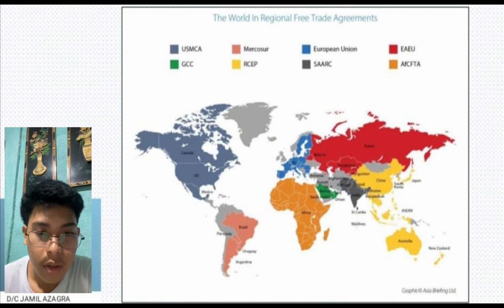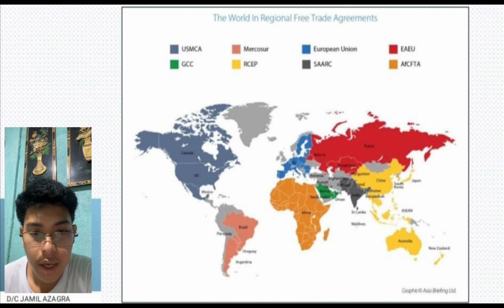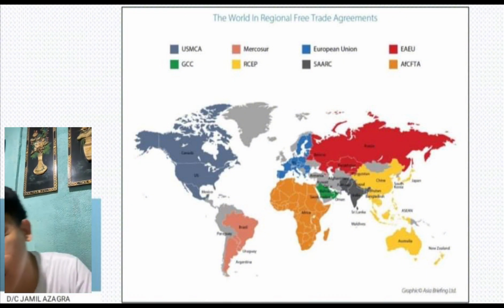USMCA, GCC, Mercosur, RCEP, European Union, SAARC, EU, AfCFTA. These are the world's regional free trade agreements.